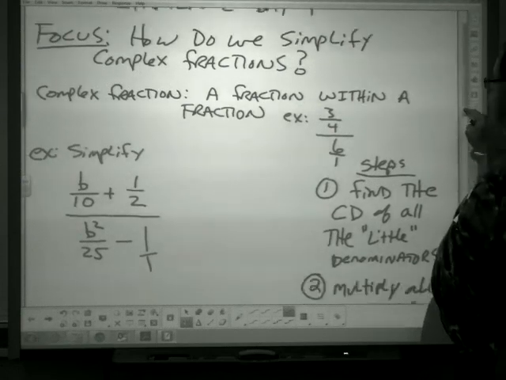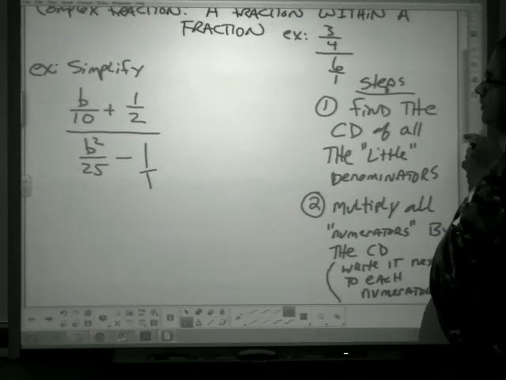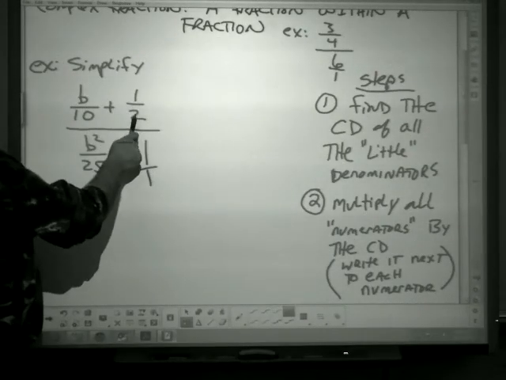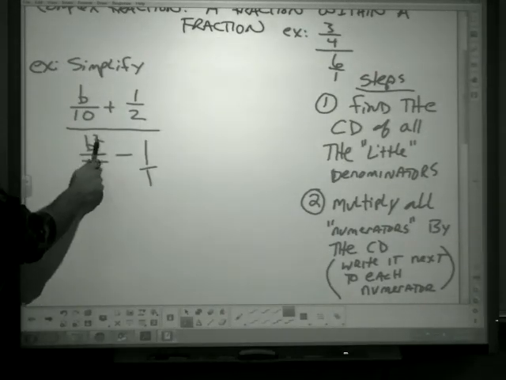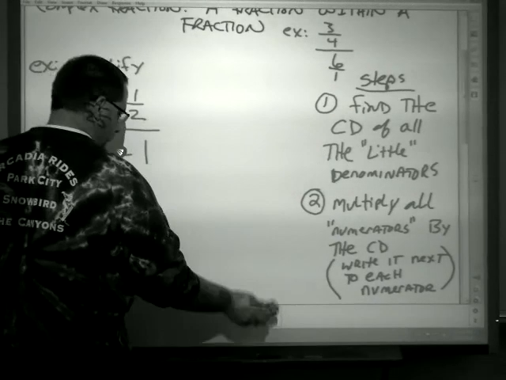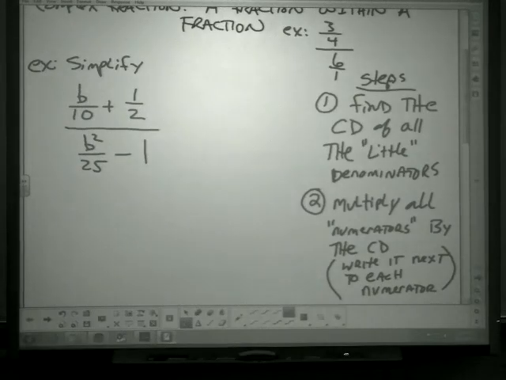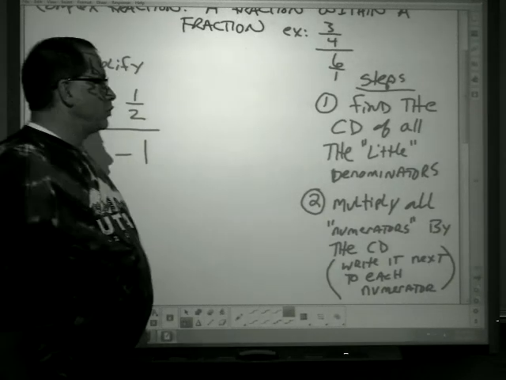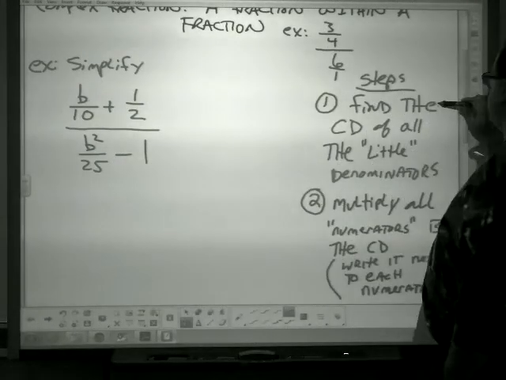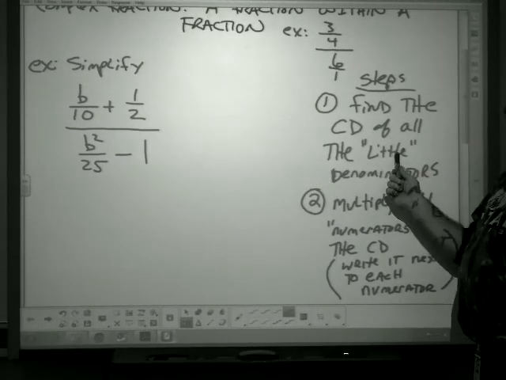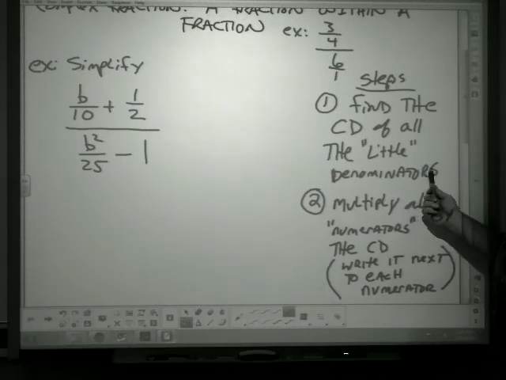A typical example that we might see is: simplify b over 10 plus a half, over b squared over 25 minus 1. First step, you have to find the common denominator of all of the little denominators.